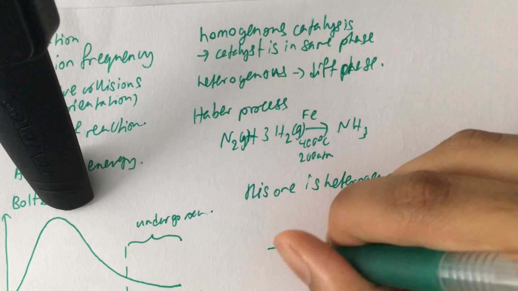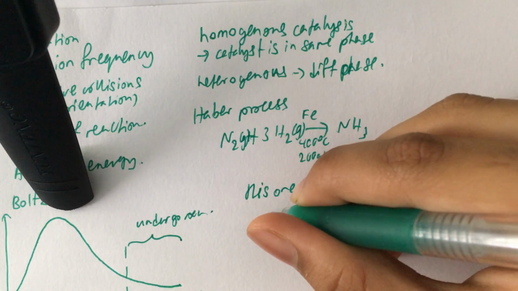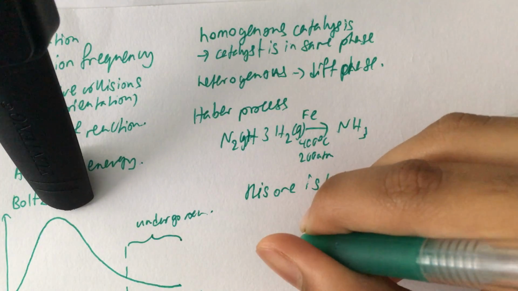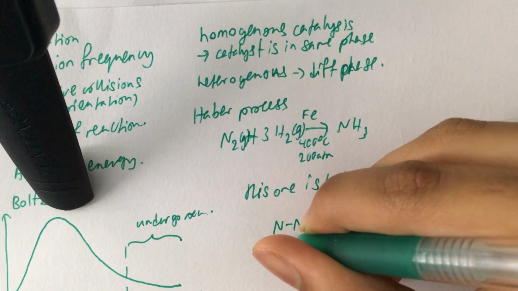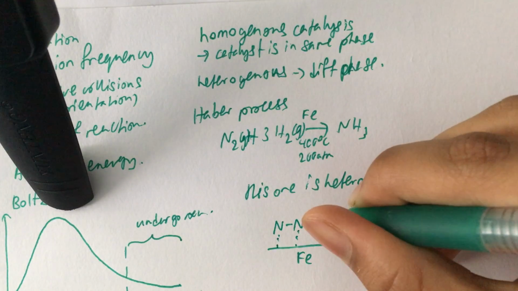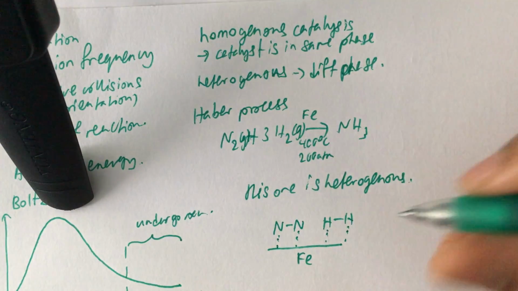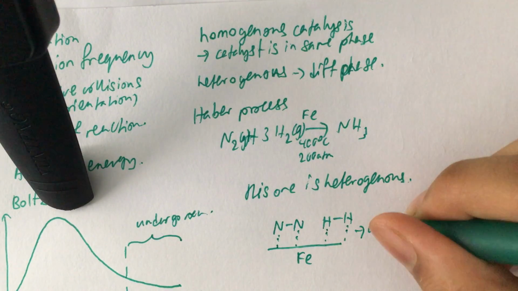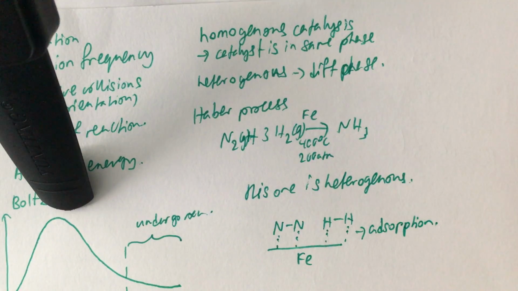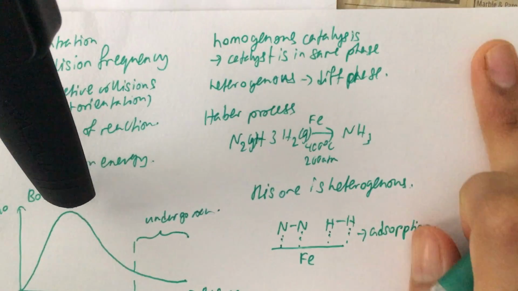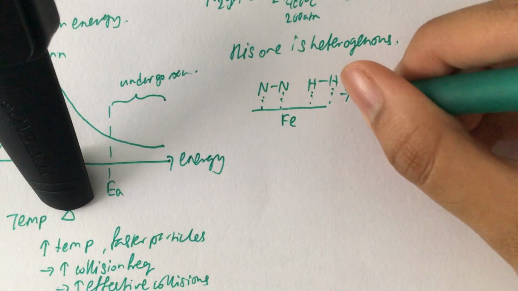So how this works is, if the iron catalyst is there, then the nitrogen and the hydrogen will have adsorption onto the catalyst, and by adsorbing onto the catalyst, it's a different mechanism already, right? So the bonds between the nitrogen and hydrogen are weakened, and therefore nitrogen can bond with hydrogen much more easily, and it'll become ammonia.